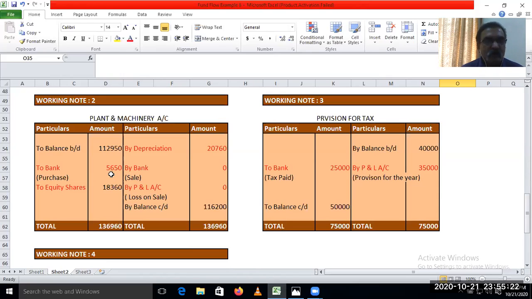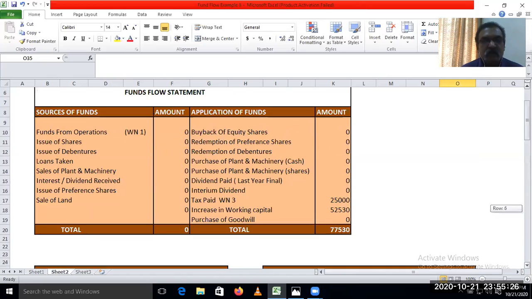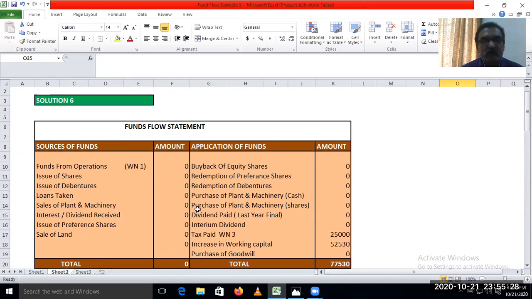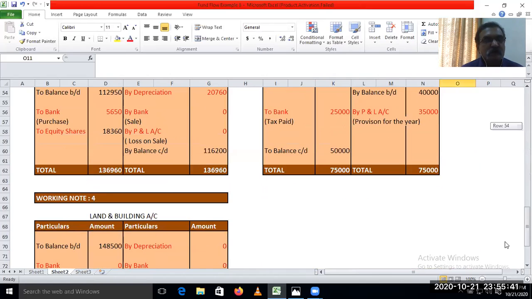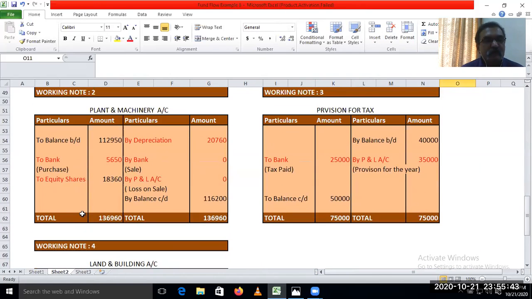This will directly go to the fund flow statement on application side. So I will go to the fund flow statement, application side, purchase of plant and machinery by way of cash 5,650.